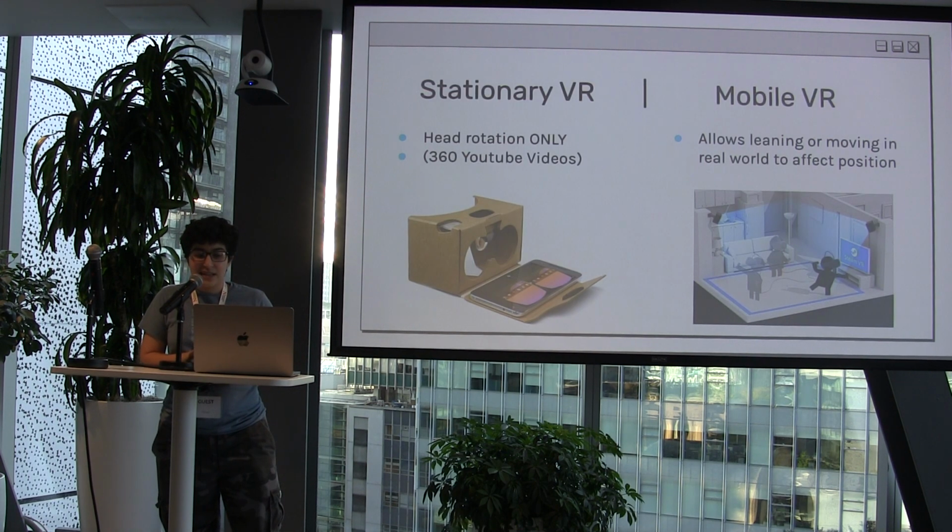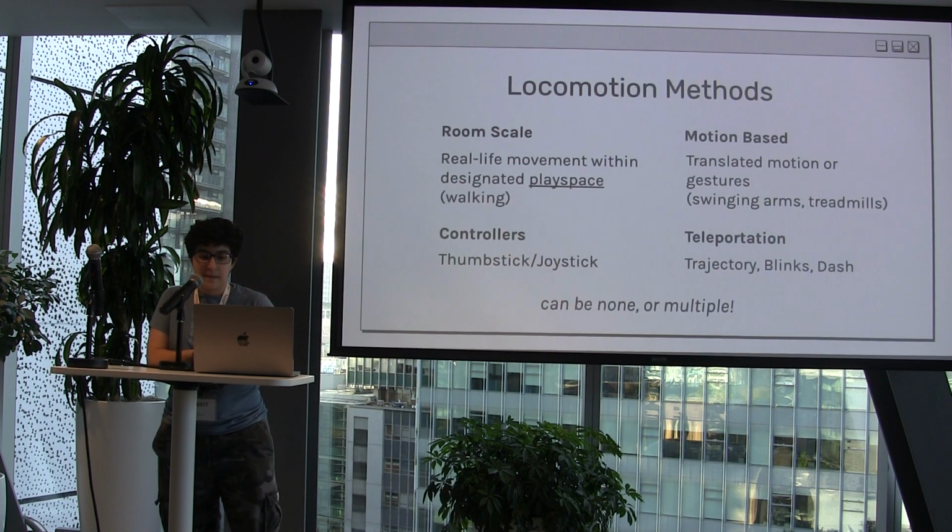So, the two main kinds are stationary VR, where you can only rotate your head to look around, so you can only look up, down, side to side, and mobile VR, where you can actually move in 3D space. So that means you can crouch down a bit, you can tilt back and forth, or you can even walk. The main locomotion methods are room scale VR, where you can actually walk around in a room inside of a designated play space.